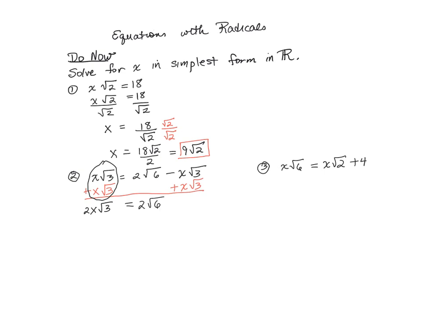Now it's a little strange, but the coefficient of x here is 2 root 3. So I'll rewrite it this way, 2 root 3 x, and multiplication's commutative, so I could always rearrange the numbers. We divide both sides by 2 root 3.